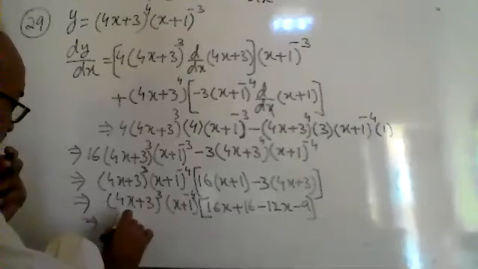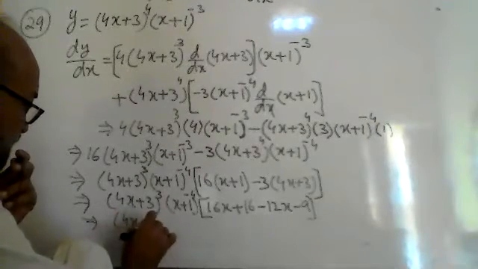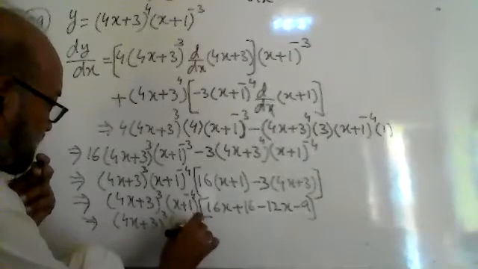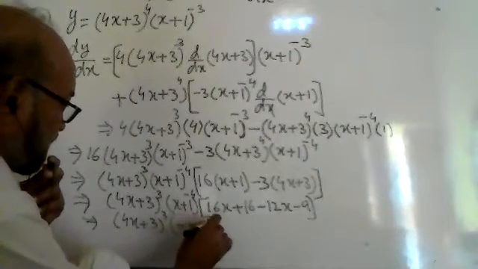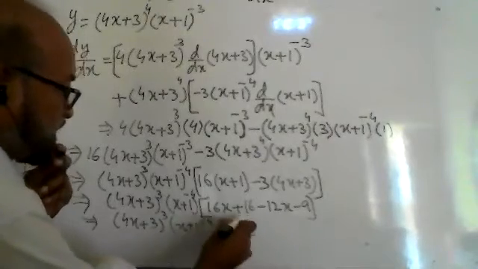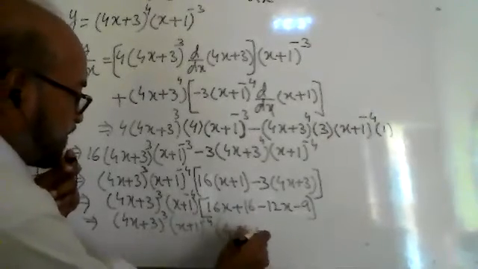So it will become 4x plus 3 raised to power 3 into x plus 1 raised to power minus 4 into 16x minus 12x will be 4x. 16 minus 9 will be 7 plus 7.